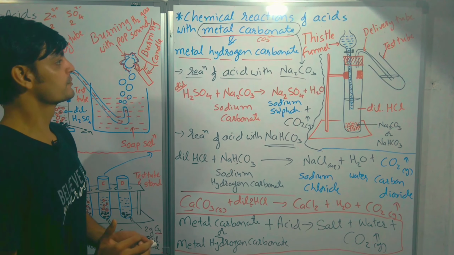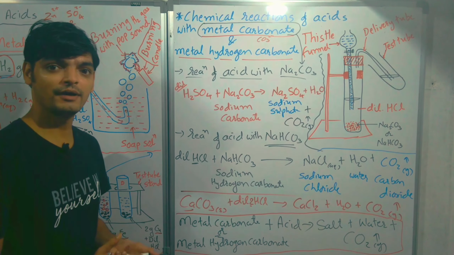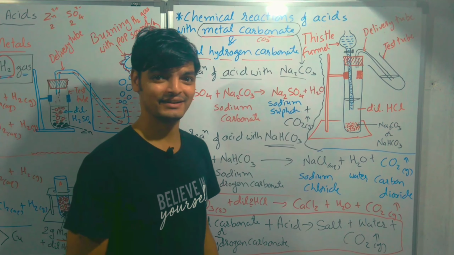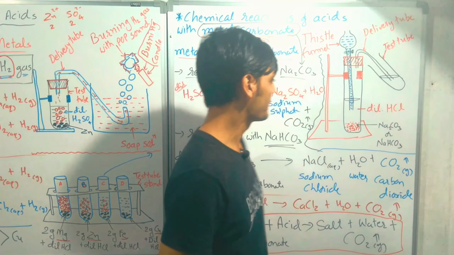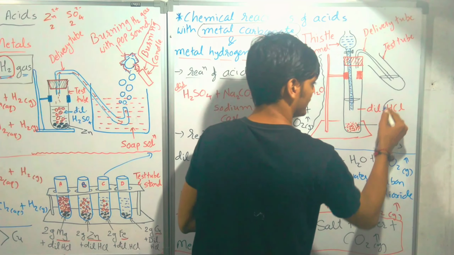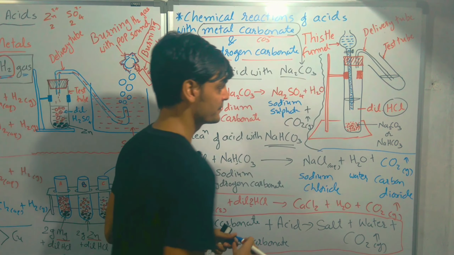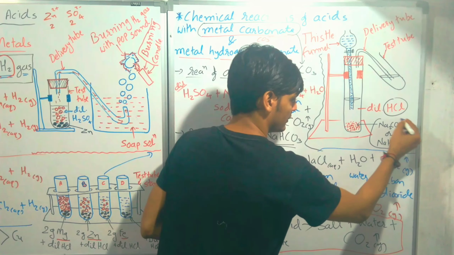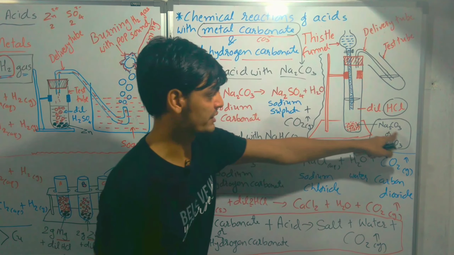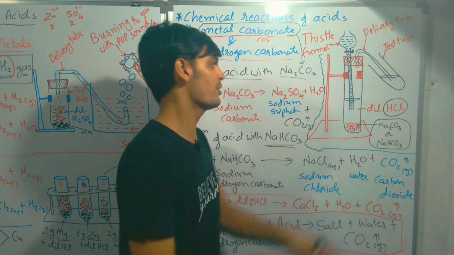I hope you understood very well. Now let me explain this figure, it is not for show only. Here I have taken dilute hydrochloric acid, and in this dilute hydrochloric acid I have added sodium carbonate or sodium hydrogen carbonate, whatever you are adding.